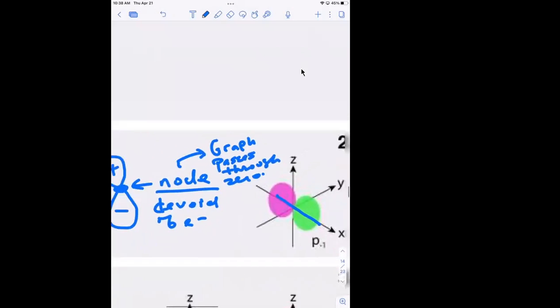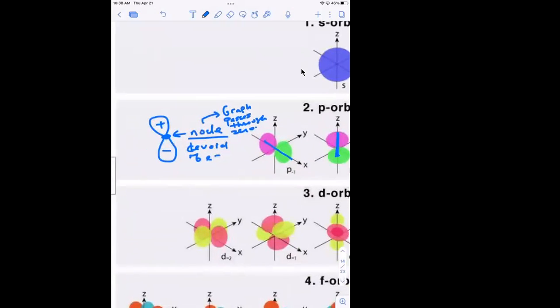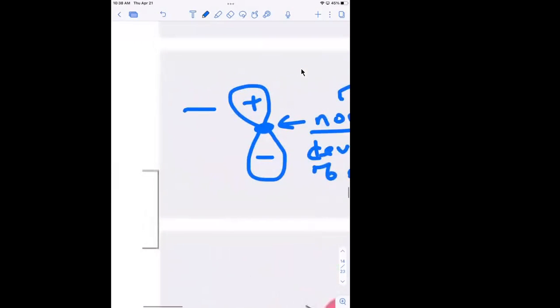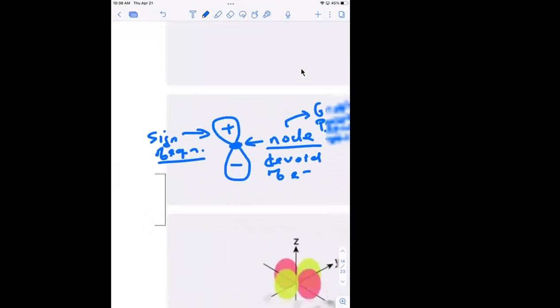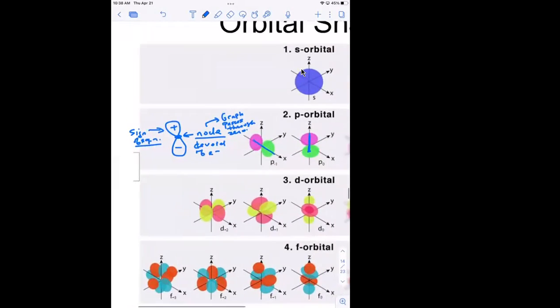So no electrons can be at that particular location, but they can be in the top or in the bottom. And the plus and minus is not a charge. It's actually the sign of the equation. So depending on what side of the axis it's on, the positive side or the negative side, the sign of the equation is going to be either plus or minus. All right, so that's the P.